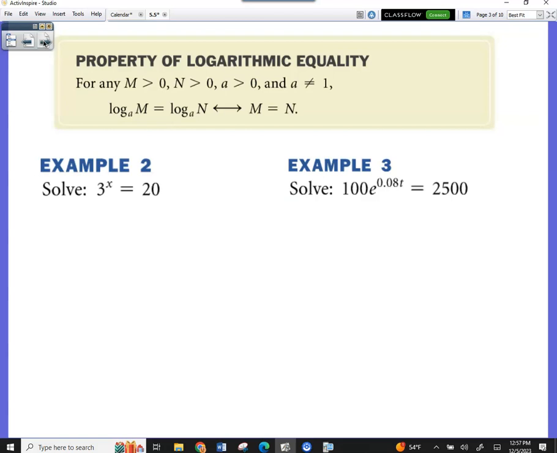And then they're saying, remember that if log base a of m equals log base a of n, then you can say that the of part, the m, has to equal the n. It's a similar concept of what we just did where we said the exponents must be equal. This is the of part must be equal, if they're both log base a, same base.